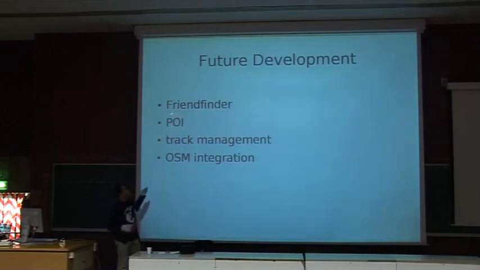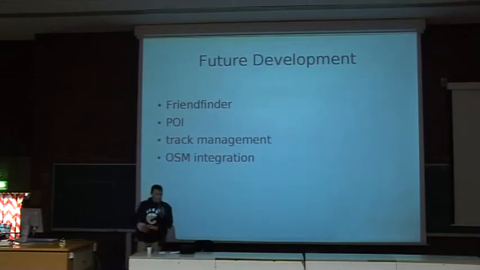Then the next thing that always goes together with any kind of GPS application is the point of interest. So that you can put in your own points of interest, you can share them with other people back and forth. There's lots of development going on inside of OpenMoko too, and the real idea here is to use the Jabber protocol, which actually supports XMPP.